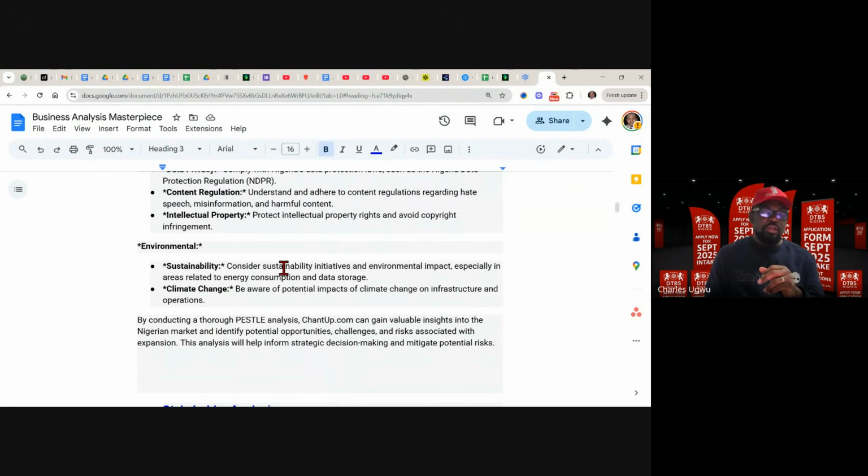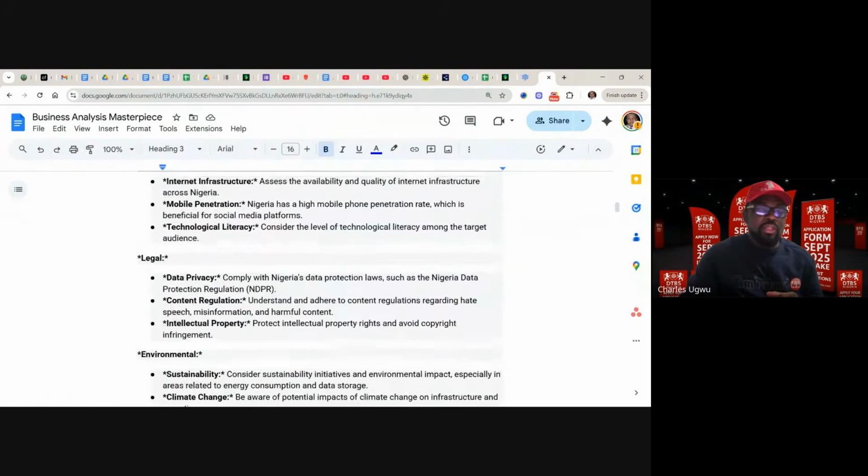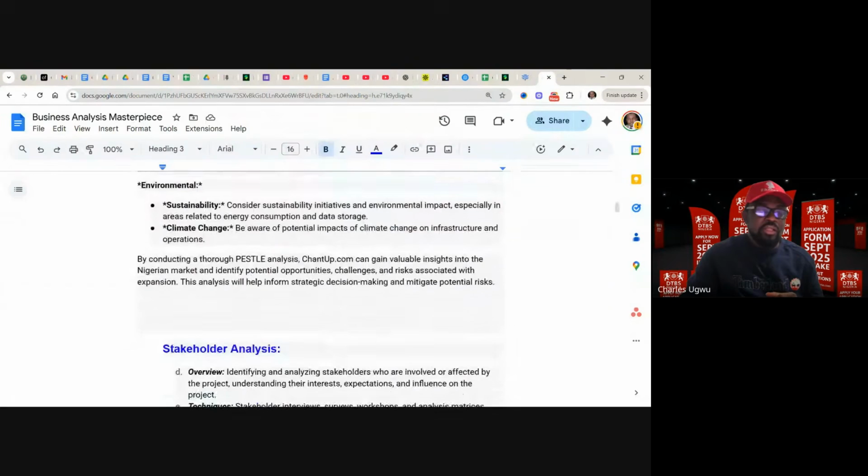You don't need stakeholders to teach you this. You don't need to gather this requirement from stakeholders. Use PESTLE analysis to understand the market. So when you start your requirement gathering, you become more focused on the core business need, not trying to understand the environment. So this makes you a better business analyst.